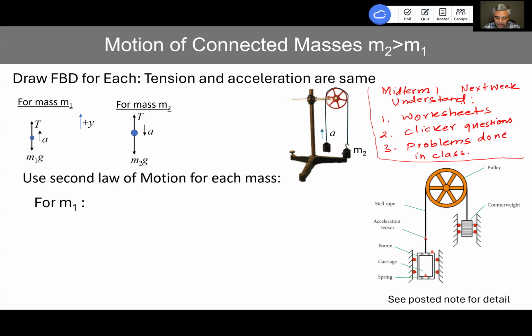For that, we write equations, something like this, along the x direction of our choice, and then the y direction of our choice. So that's what we learned.